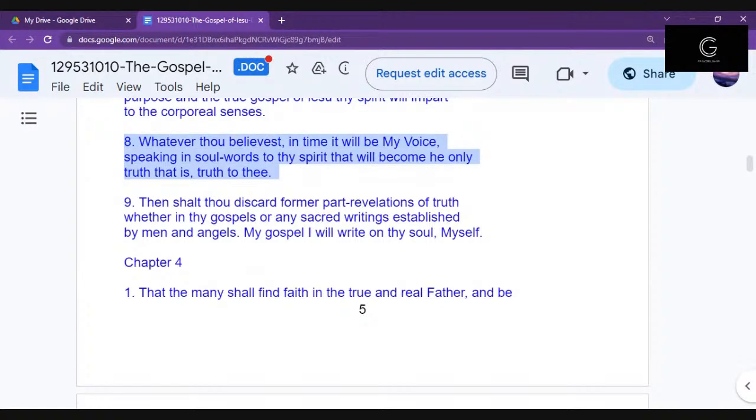Whatever thou believest in time, it will be my voice, speaking in soul words to thy spirit that will become the only truth that is truth to thee. So your personal truth is the only truth that is.